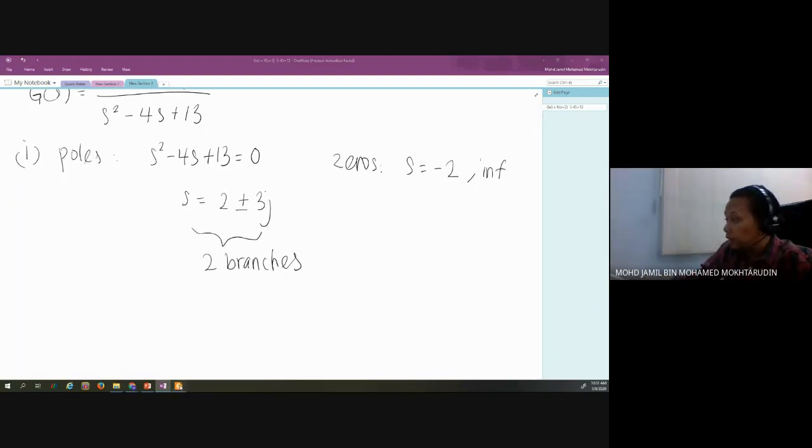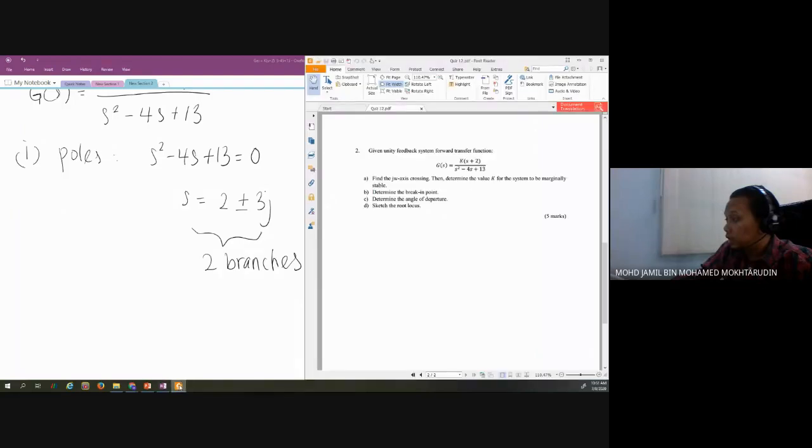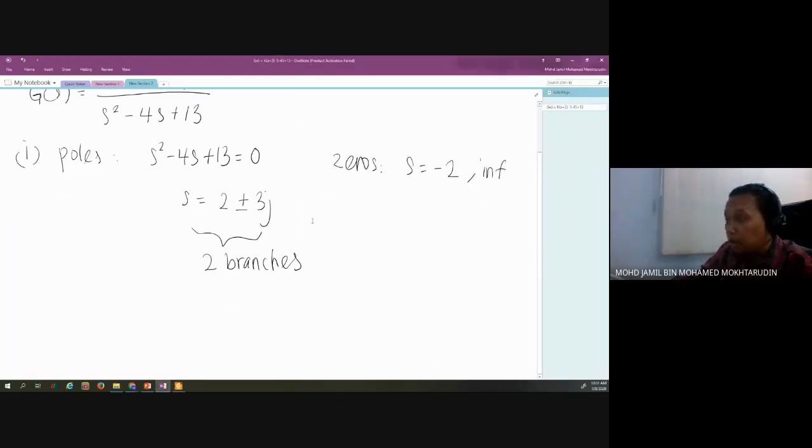Okay. And then the question asks you to determine the JW axis crossing. So we can start by calculating the closed loop transfer function.